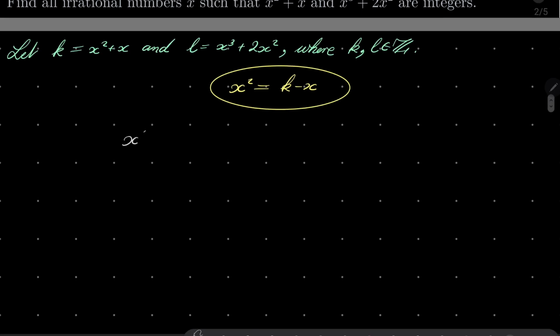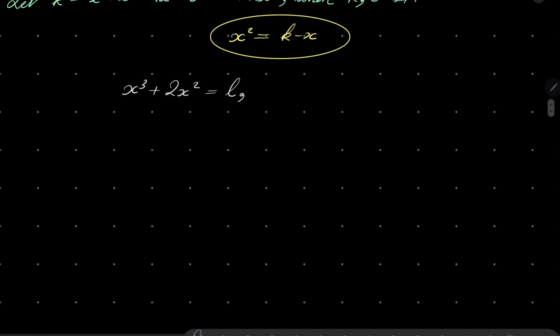We have x cubed plus 2x squared equals L. But now, on the left hand side, x cubed can be written as x times x squared, and x squared can be replaced by k minus x. Likewise, here we can also replace x squared by k minus x.